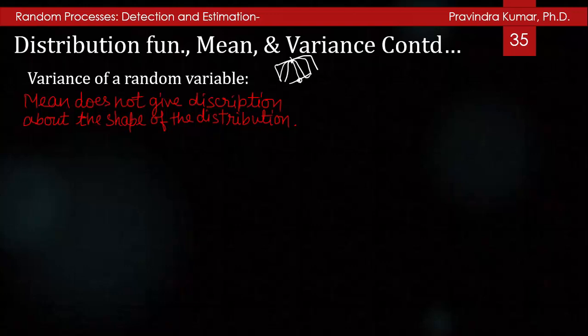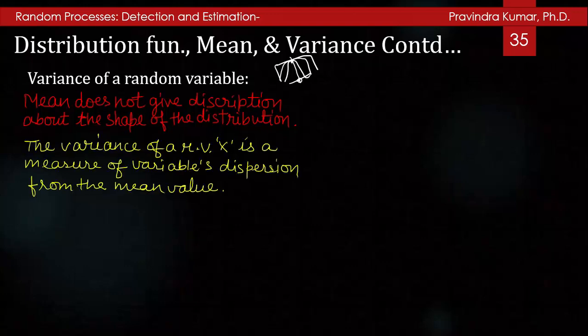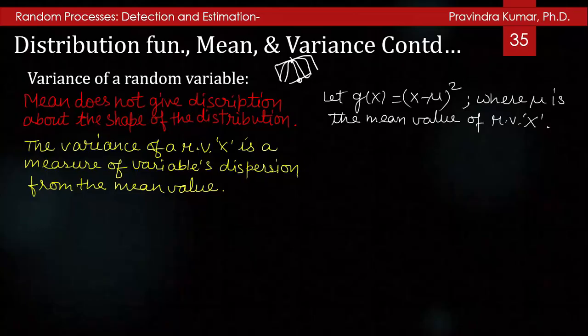The variance of a random variable x is a measure of the variable's dispersion from the mean value. To define the variance, let g(x) equal (x minus mu) whole square, where mu is the mean of the random variable x.